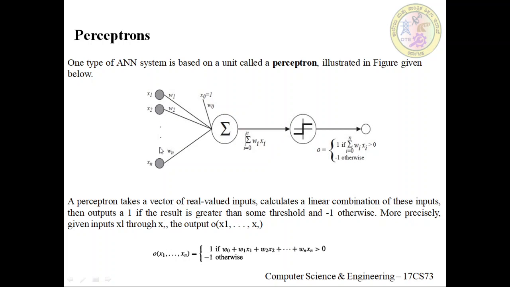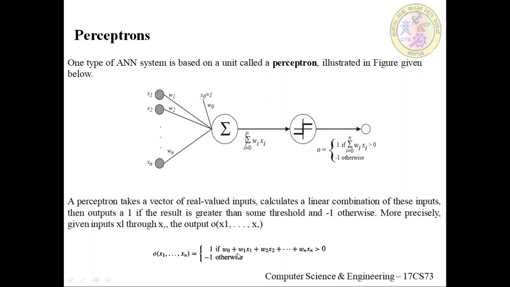x1, x2 up to xn are the inputs, and to these inputs we have w0, w1, w2 and till wn. They are the weights associated with these inputs. And this is a perceptron which calculates the summation of this.